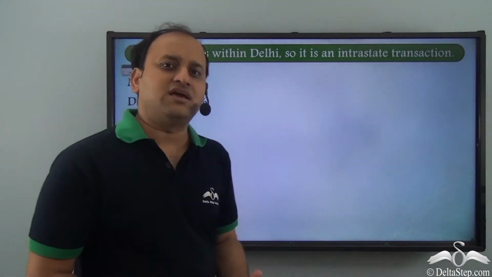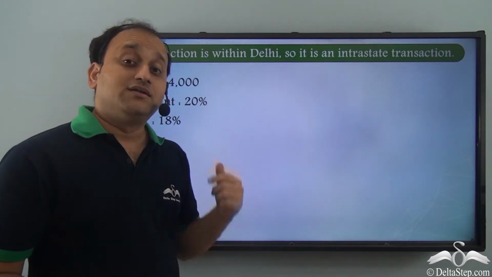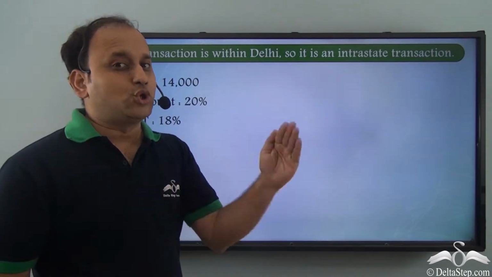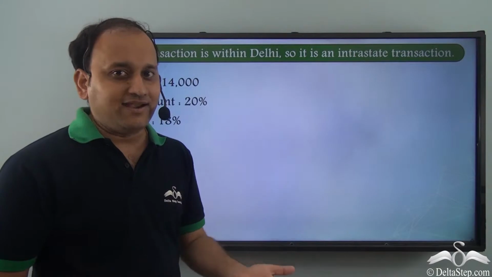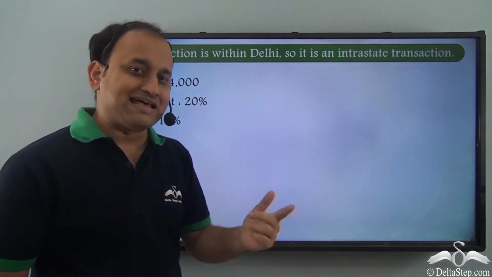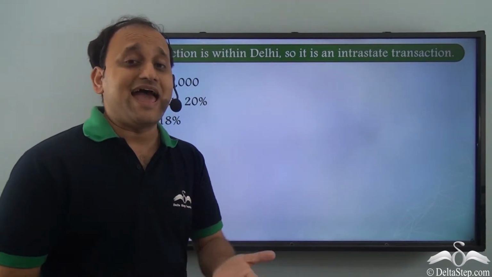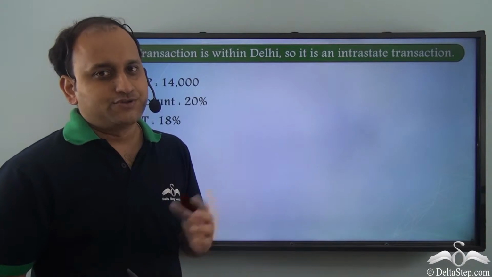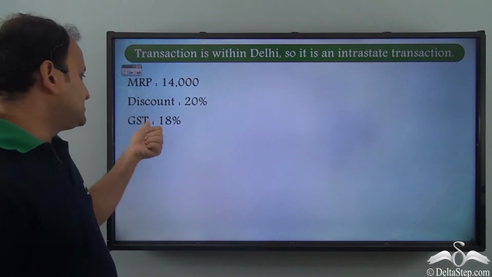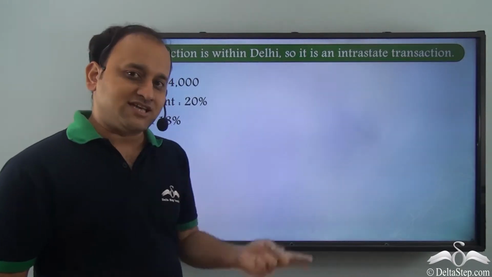Now what happens in the case of intrastate transaction? Well, the GST is divided into two equal halves and one part is collected by the central government as CGST and one part is collected by the state government as SGST. So if GST is 18%, then two equal halves, that is 9% each.